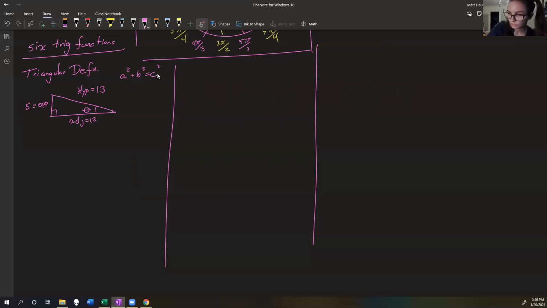So we could check to see, does this make a valid right triangle? Is 5 squared plus 12 squared equal to 13 squared? So 25 plus 144 is 169, which is 13 squared. So that does check out. Fair?